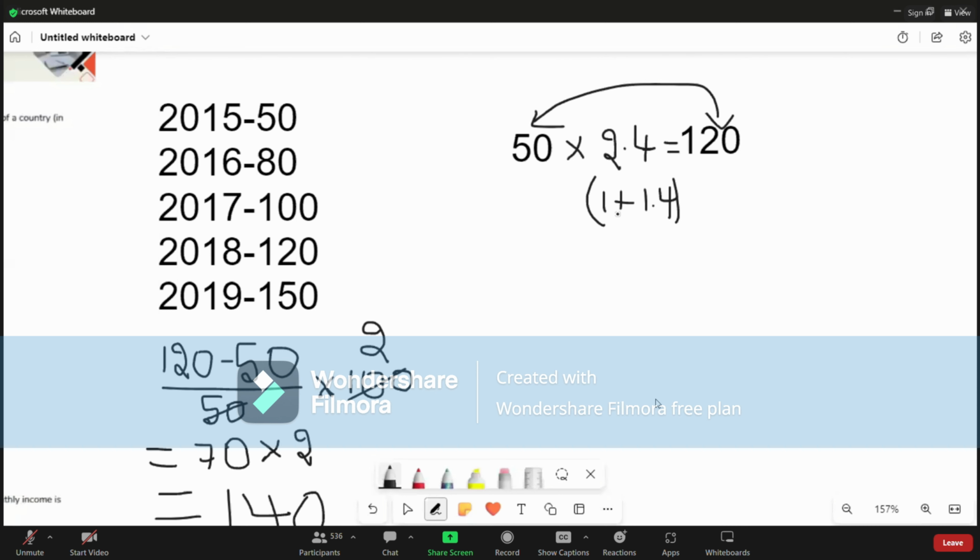So initially it was 50, that is what this 1 represents. So you're adding 1.4 times the initial 50 to reach the 120. So it represents the same as 140%.